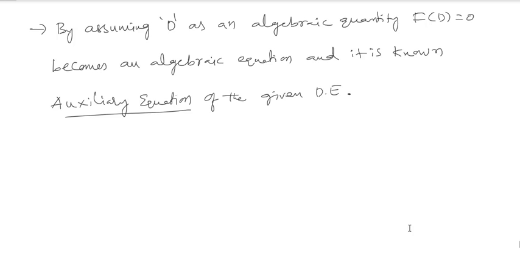So just make a note of this here. How we will calculate the complementary function, that is a simple procedure I will give you. A procedure for finding the complementary function. CF is nothing but the complementary function. You need to solve the auxiliary equation first.